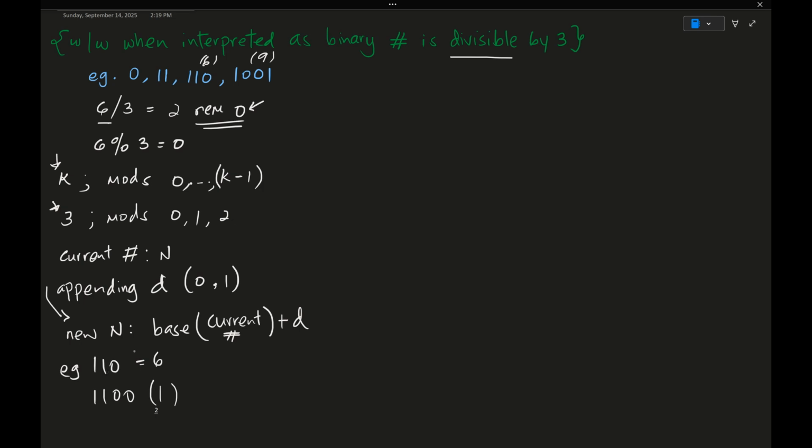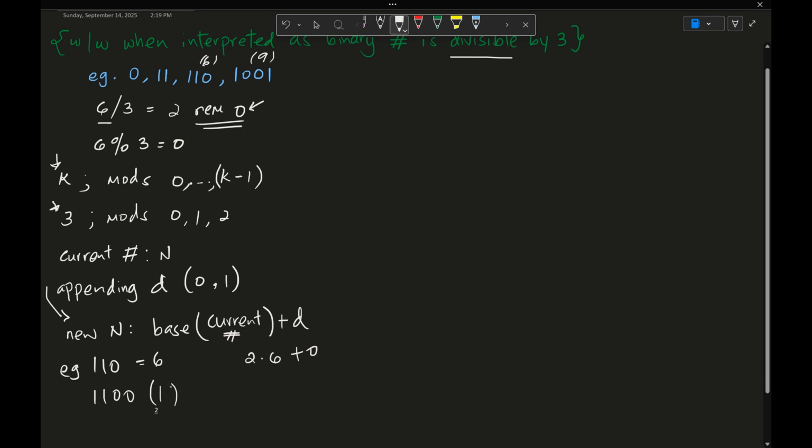Say we have the number 110, that is 6, and we append 0 to it. Based on our formula, the base is 2 times 6 plus 0, so it should be 12. And theoretically, it is 12.